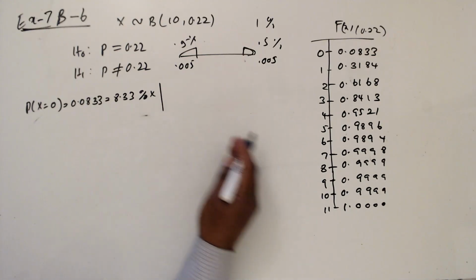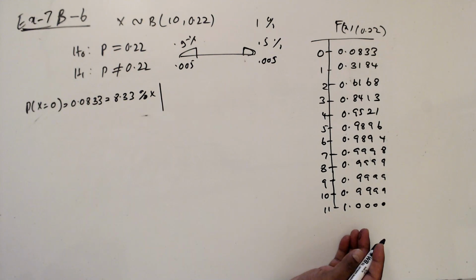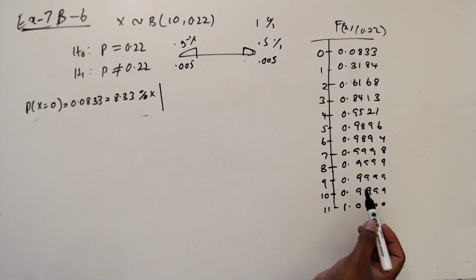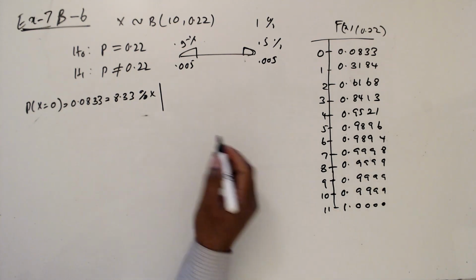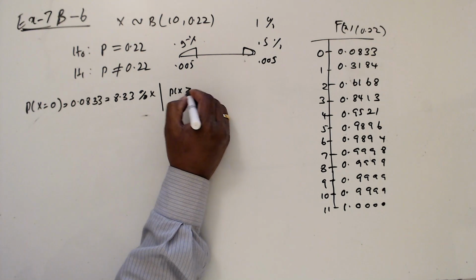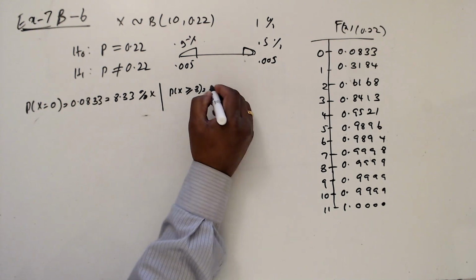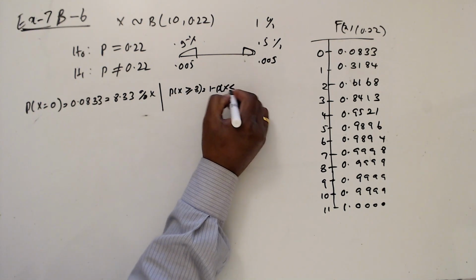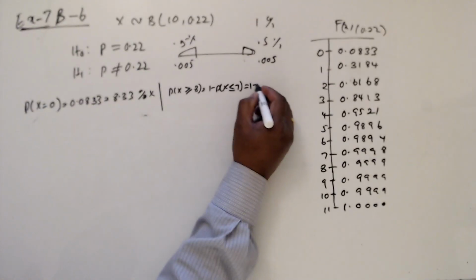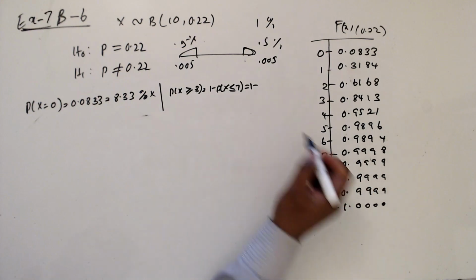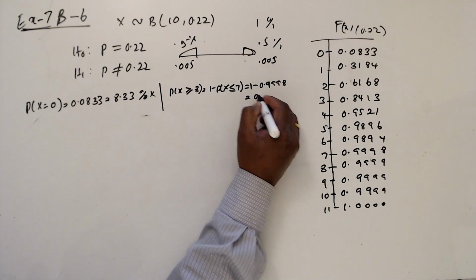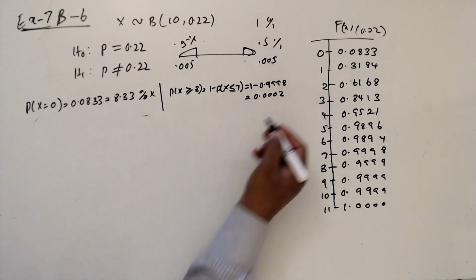Then I will go to the upper tail. So I will take the probability of x greater than or equal to 8. The probability of x greater than or equal to 8 means 1 minus the probability of less than or equal to 7. So 1 minus 0.9998, which is 0.0002.